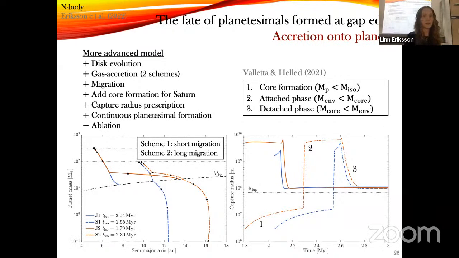While in the later phase, yes, the planet is more massive, so the Hill radius is larger, but the extended envelope is much more contracted with a higher density. So the planetesimals can come as close as before, but there is no gas there, so they will not get this spiral-in effect and be accreted onto the planet. They have to get much closer for that to happen. So that's the reason.